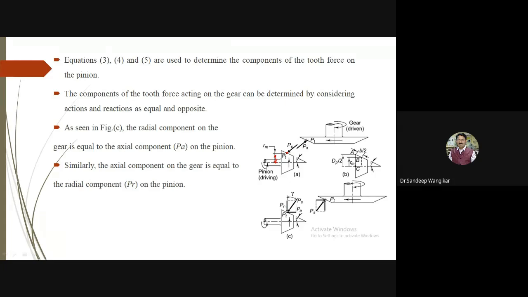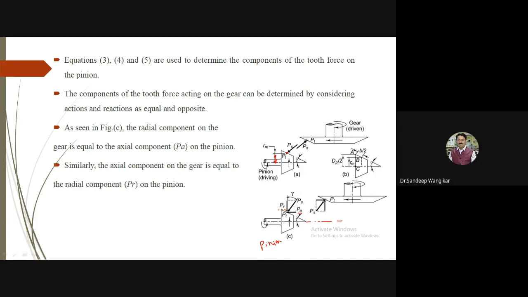In the next diagram, if you refer to this as the pinion, this is the radius side, therefore it is shown here. You can see here the radial component PR, and along the axis, this is the axial component, you can say PA.